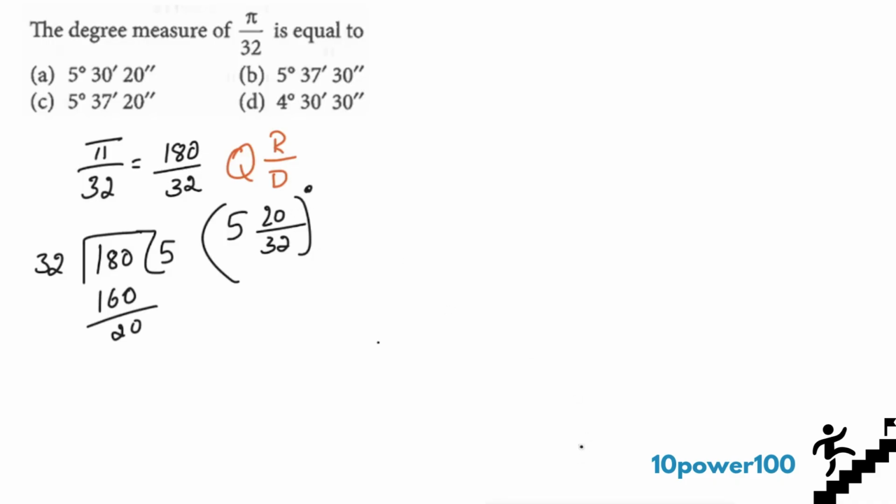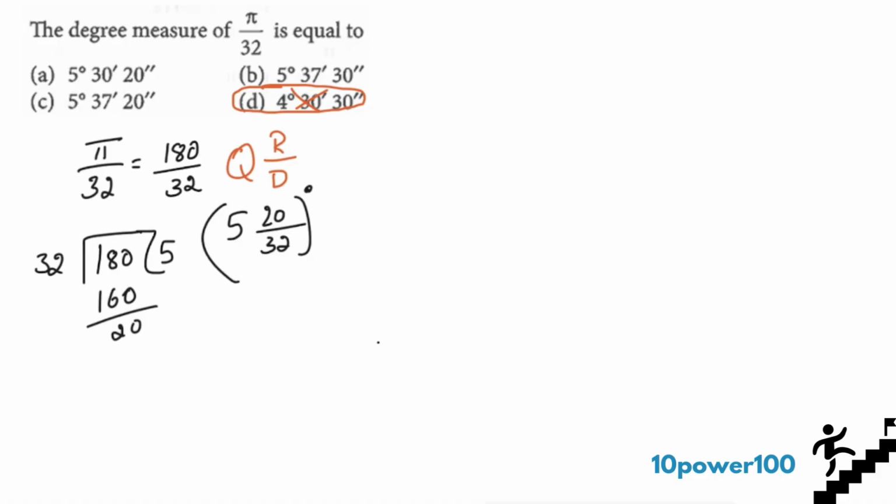Now if you see the options, look at option D, they have given 4 degree 30 minutes, so easily we can eliminate this answer because it starts with 4 degree. So option D is the wrong answer. Now there are 3 more options, and we have to select one.